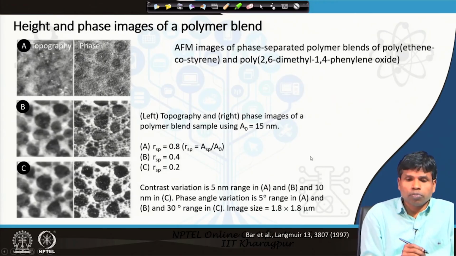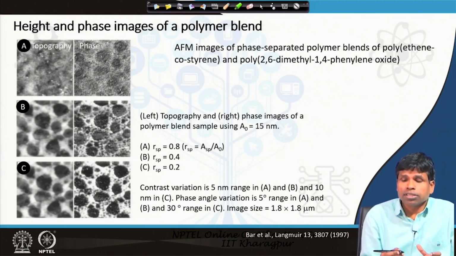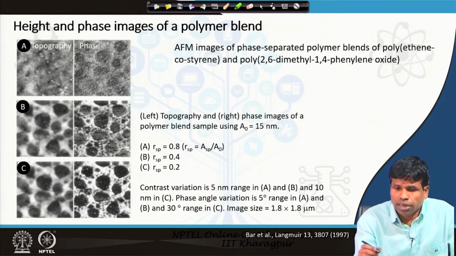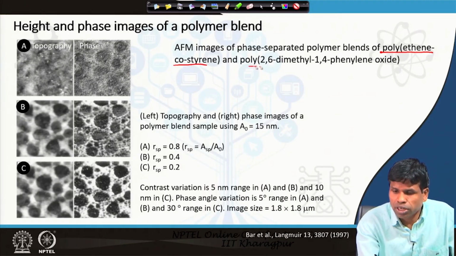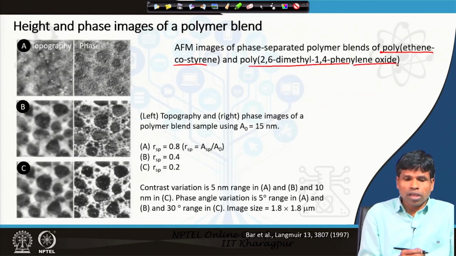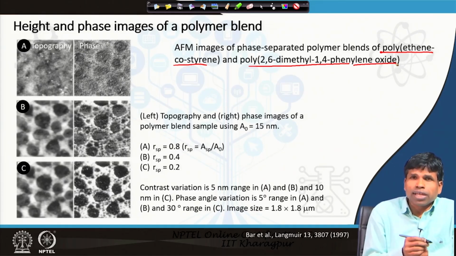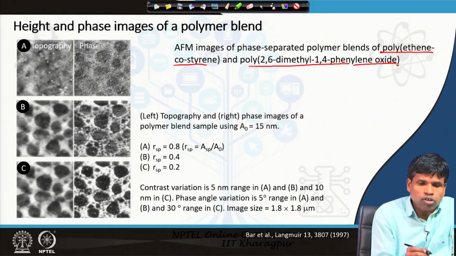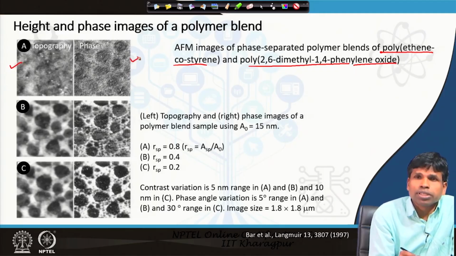Here is an example of a polymer blend. This polymer blend has two components: one is polyethylene co-styrene, and another is polydimethyl phenylene oxide. If we look at the topography and phase images, on the left side is the topography image and on the right side is the phase image.